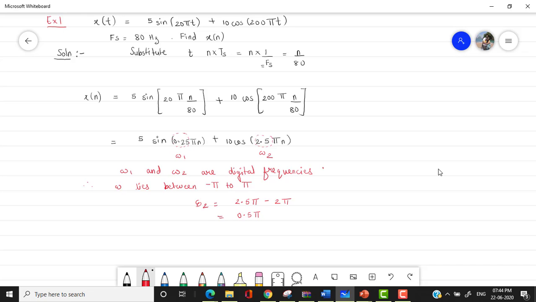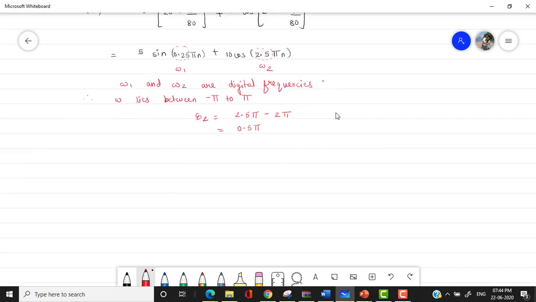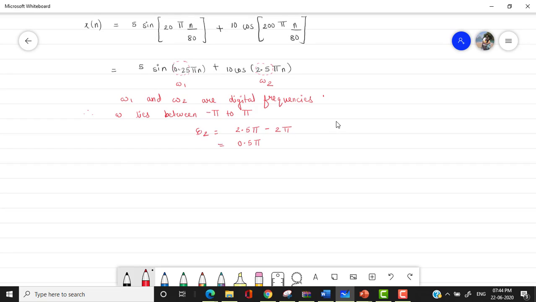Now I will rewrite my discrete time signal xn using the new omega value. So now my xn is equal to 5 sine of 0.25 pi n plus 10 cos of 0.5 pi n.